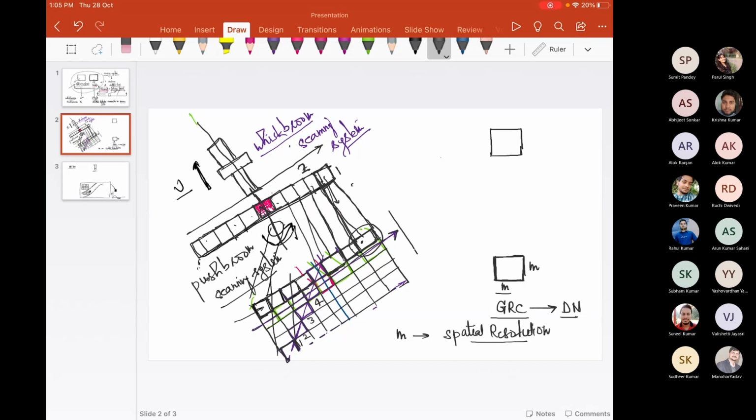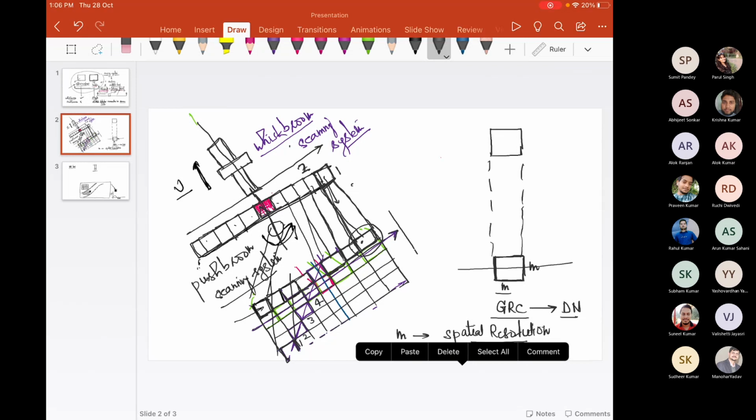Let's say the outgoing energy from a GRC is collected, when the incident energy falls on a particular GRC having area M square. From each point, there is a reflected energy component.